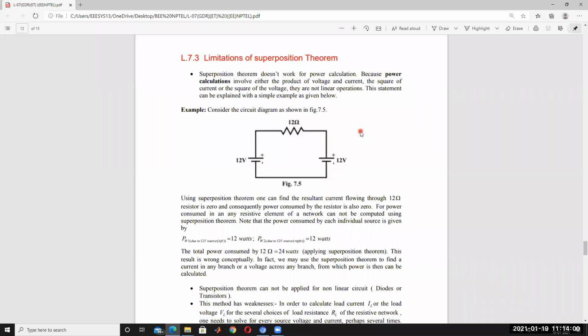Sir, on Sunday you sent us 5 problems, T1 to T5, as an assignment. We are not able to find the solutions, sir. We are not able to do the star to delta and delta to star transformation. I already explained how to do the star to delta and delta to star transformation.